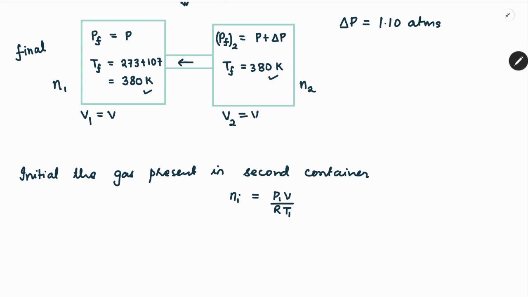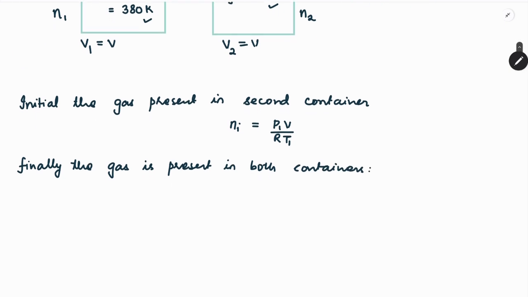And now finally the gas is present in both containers or chambers, and hence we say that N final is equal to N1 plus N2.